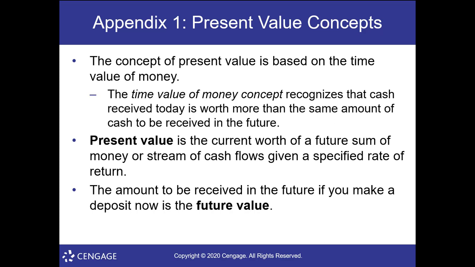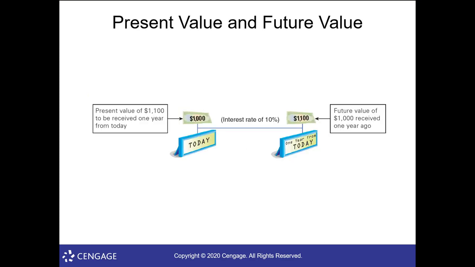So the present value is the current value of a future sum of money. And so if you could make 10% interest on an investment and you had $1,000 today, then the future value is $1,100, because you could make $100.